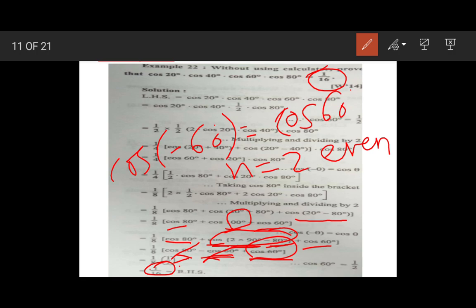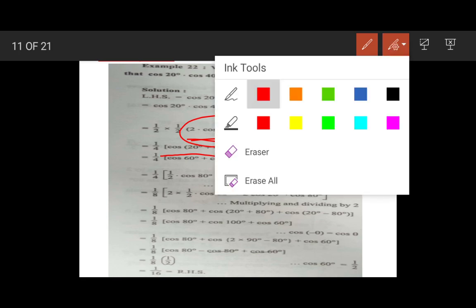The defactorization formula is used to convert multiplication, here cos 20 degree into cos 40 degree, into addition or subtraction form. For that we are using the defactorization formula.